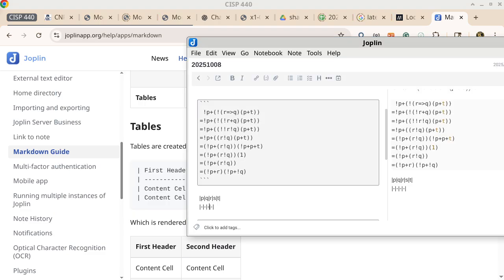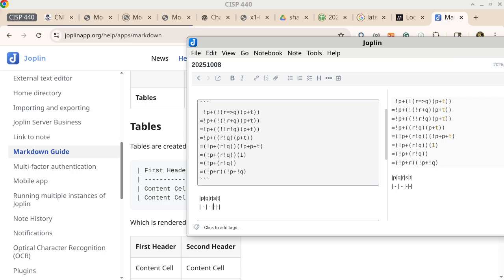So maybe it wants special spaces between the dash and the bars. No, that is not the case. Hmm. No, I should not need a box to draw a table.